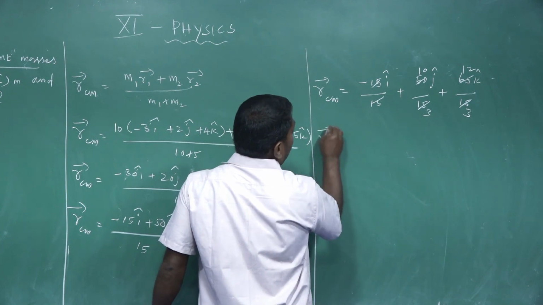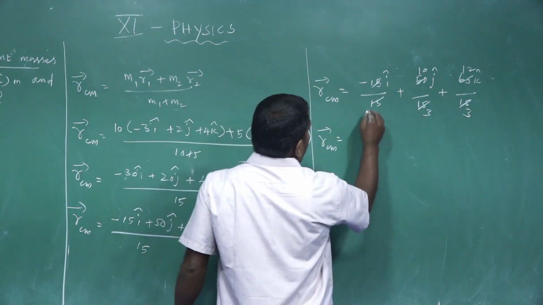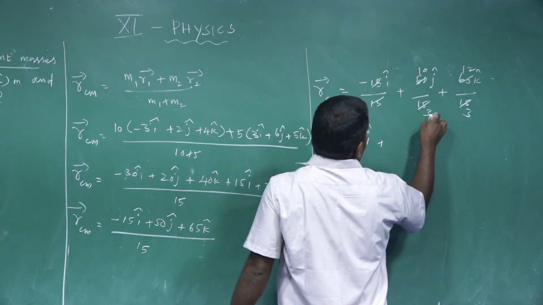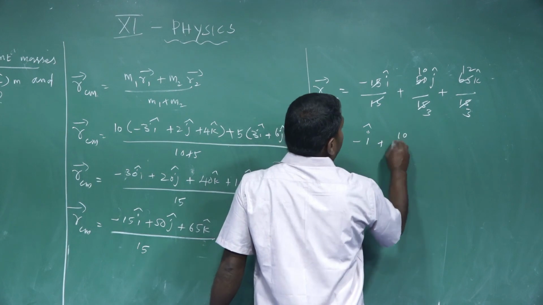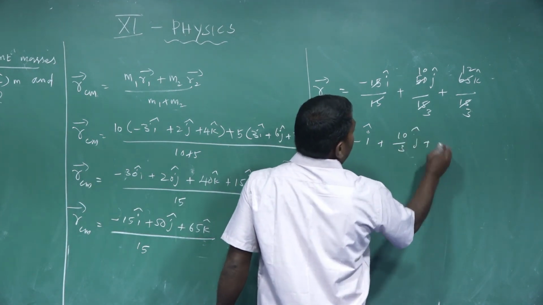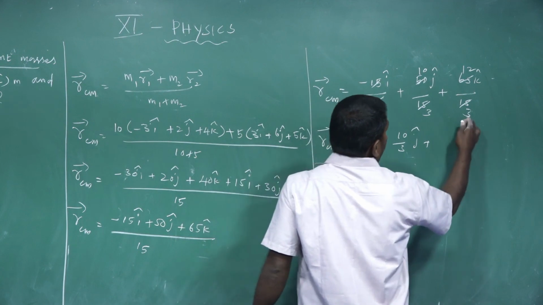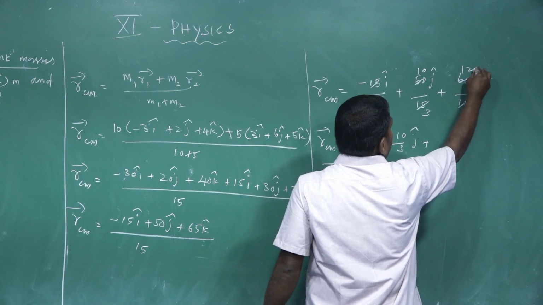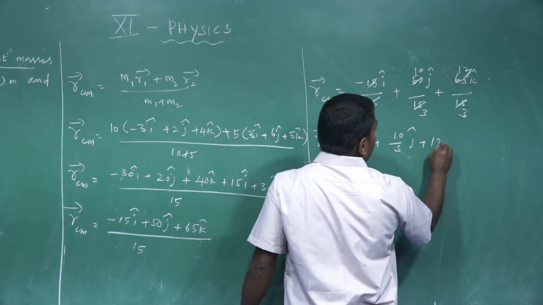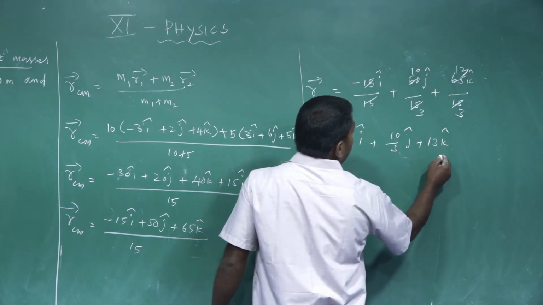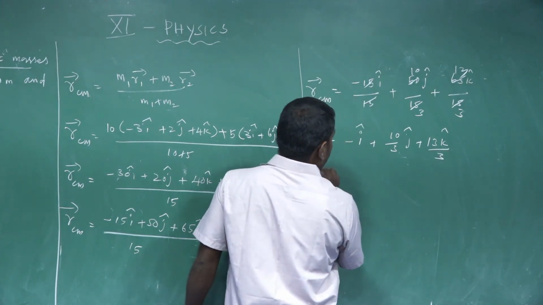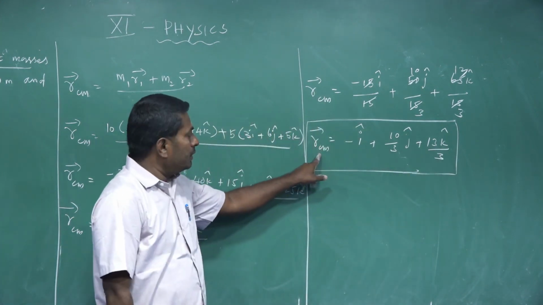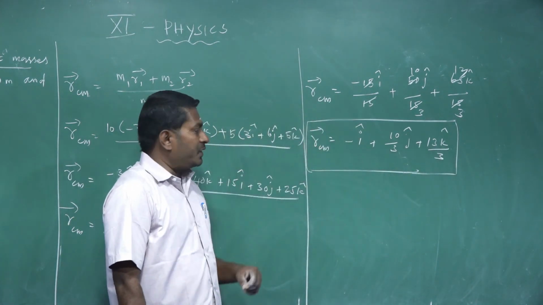So position of center of mass point minus i cap plus 10 divided by 3 j cap plus 13 k cap divided by 3. So it is the position of center of mass point in three-dimensional space.